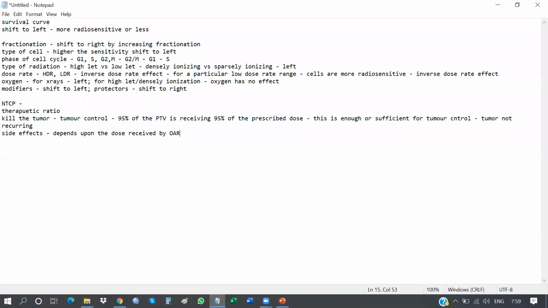When you're giving radiation to the breast, is the rectum an OAR? Because as per this definition, an organ which can have toxicity due to radiation is an OAR. So is the rectum an OAR when you're giving breast radiation?